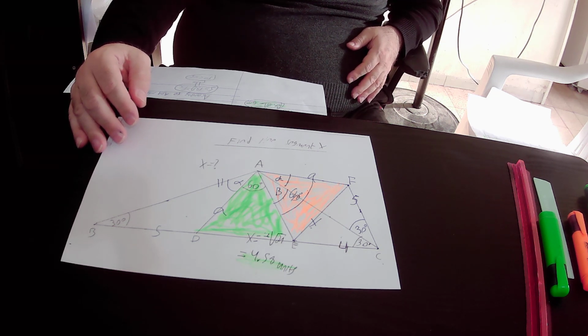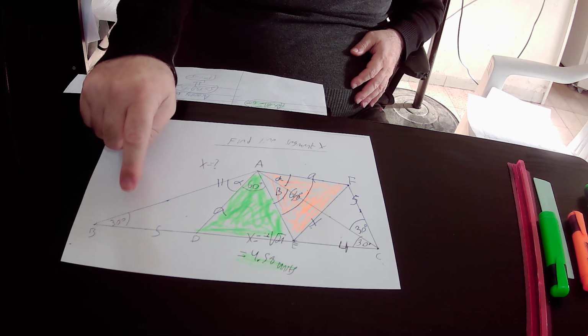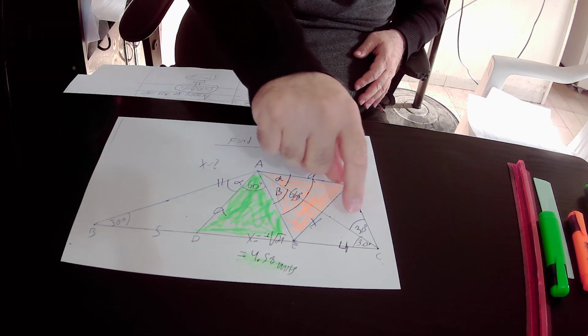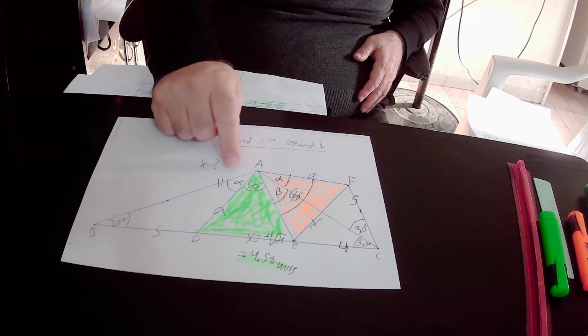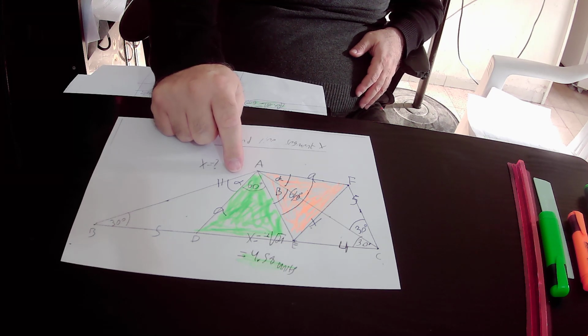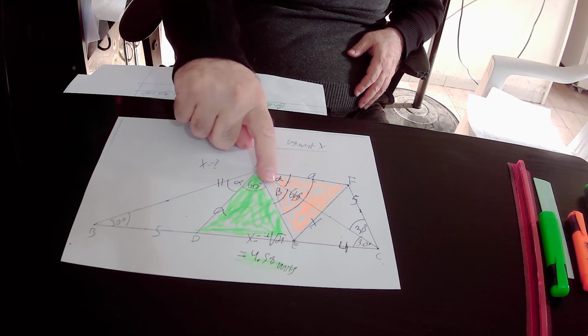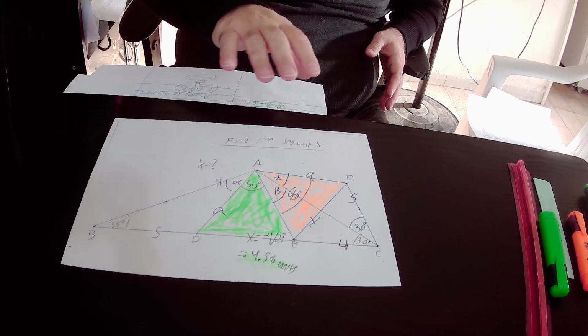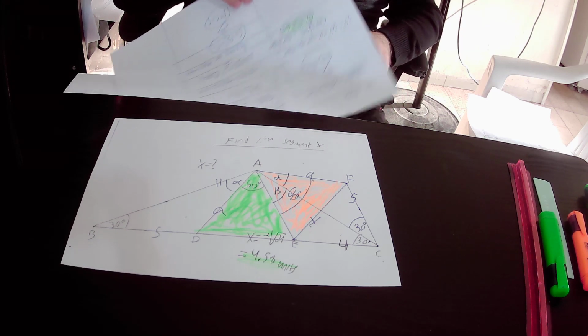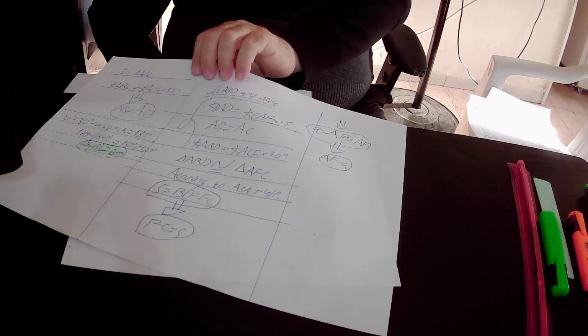So which angles do we have in triangle ABC? We have this angle equal to 30 degrees, plus this angle also equal to 30 degrees, plus this angle equal to alpha, plus this angle equal to 60 degrees, plus this angle equal to beta. In total, the sum of all those angles must be equal to 180 degrees.